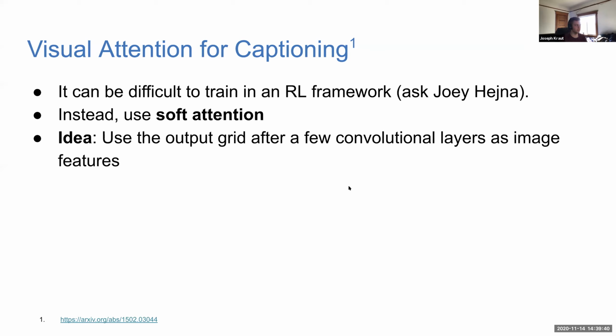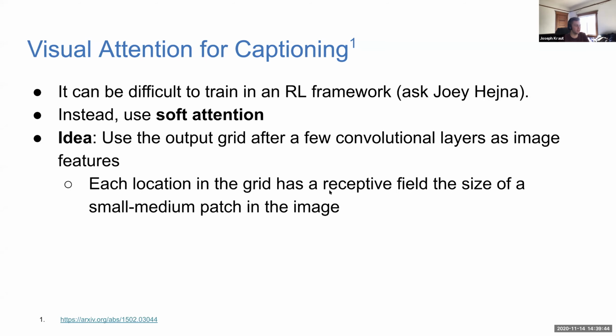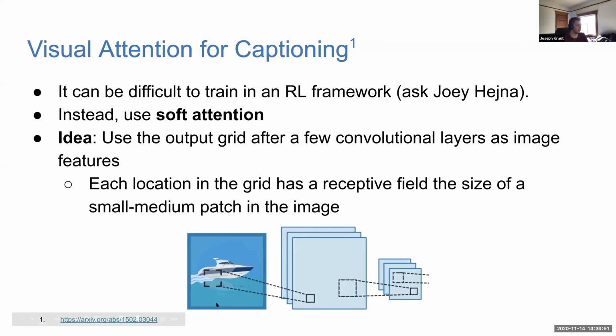We call that the receptive field, if you have heard of that. And each location in the grid may have a receptive field that is the size of a small to medium patch in the image. For an example, if you look at this image, we see the receptive field after the first layer of the ConvNet is looking at this whole area over here.